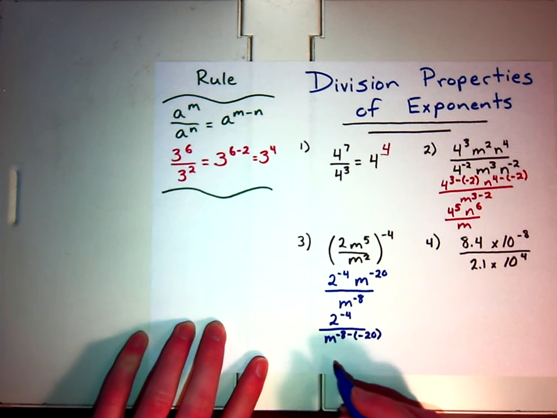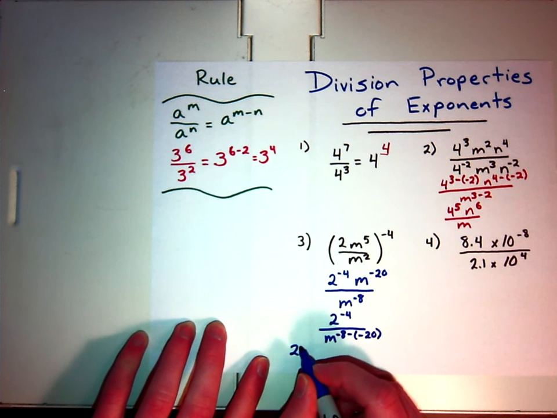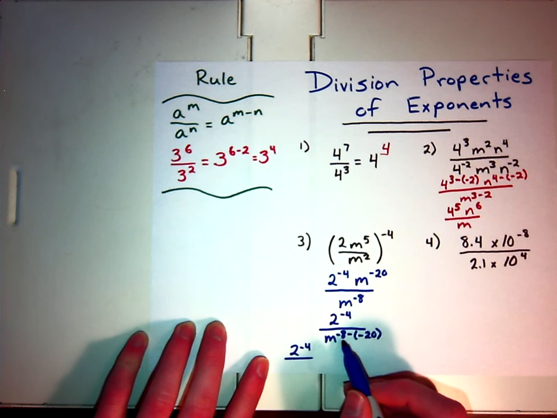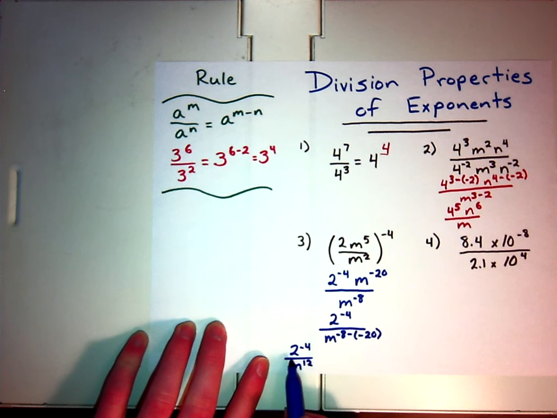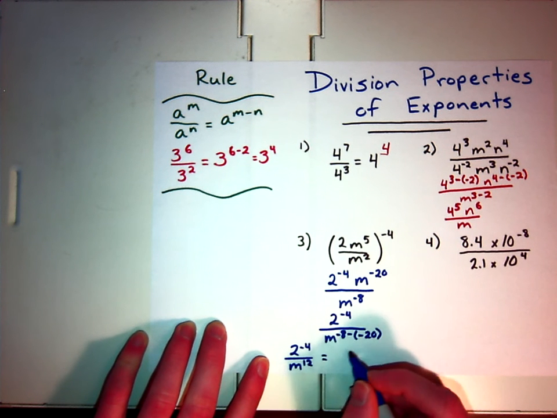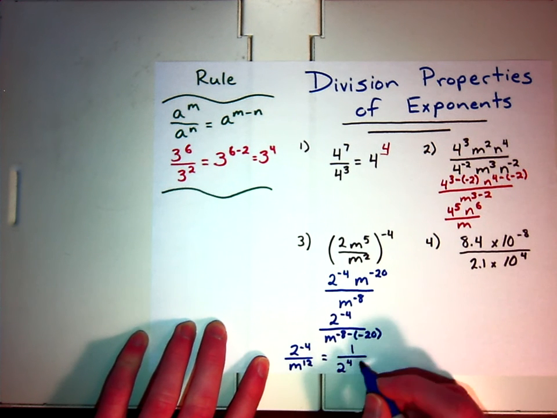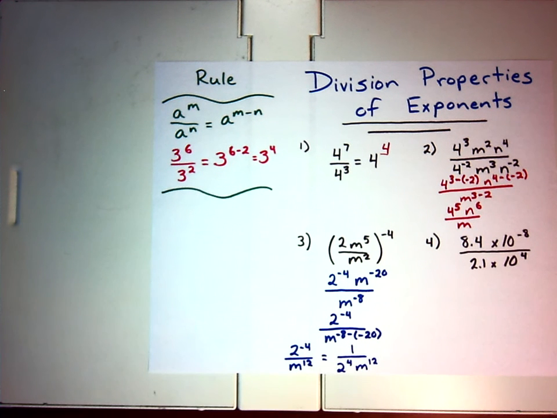Okay? And that's going to get us to 2 to the negative 4th. It's going to be m to the, well, that's really negative 8 plus 20, which is positive 12, m to the 12th. But then I don't want a negative exponent, so it's going to end up being 1 over 2 to the 4th power, m to the 12th power. Okay?